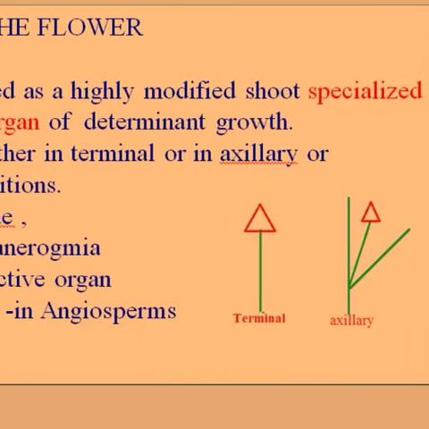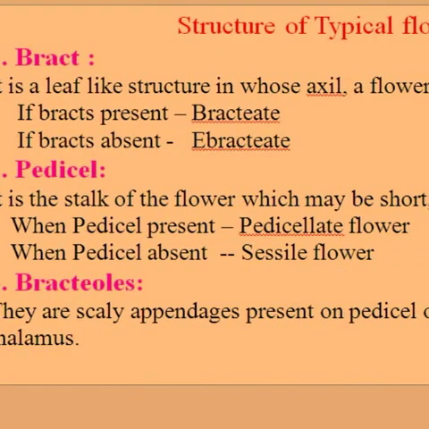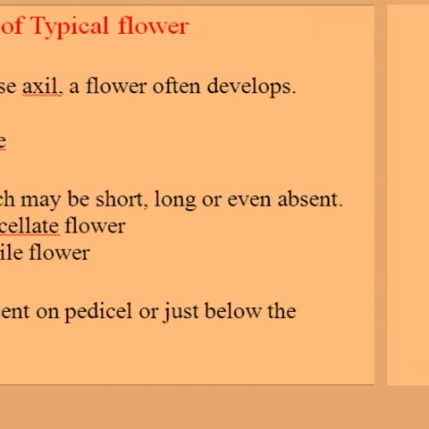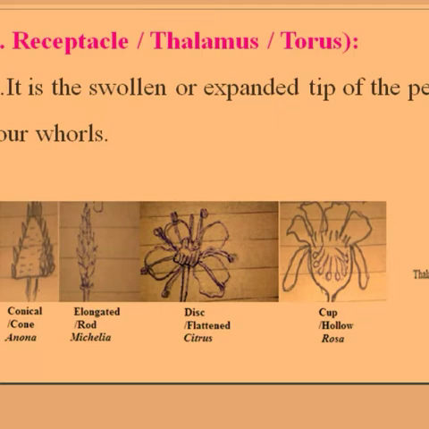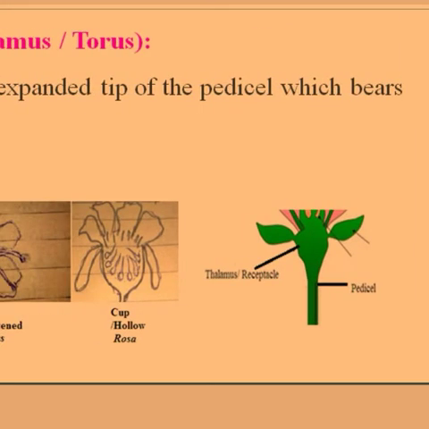So the three structures: bracts, pedicel and bracteoles. Then on the pedicel there is a receptacle, which is also called the thalamus, or also called the torus. Here in this figure, the pedicel and the thalamus are very clear.